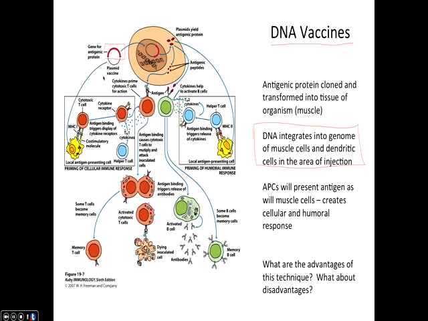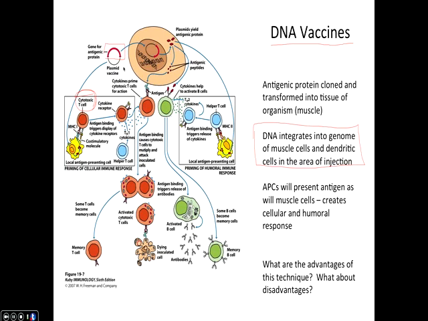In this case, you're trying to prime the cellular response. You put that into normal muscle cells, and they can present this antigen on MHC class 1 receptors, and you'll make cytotoxic T cells that create a T cell response and immunity to that particular vaccine.